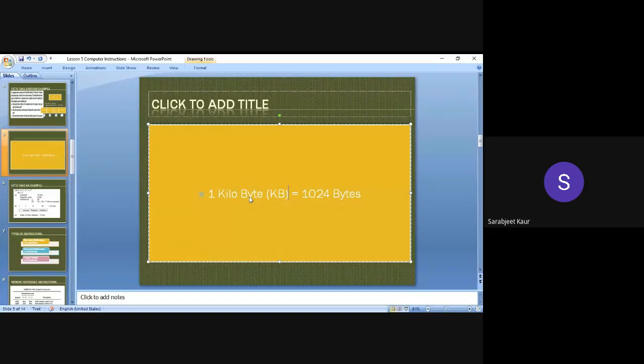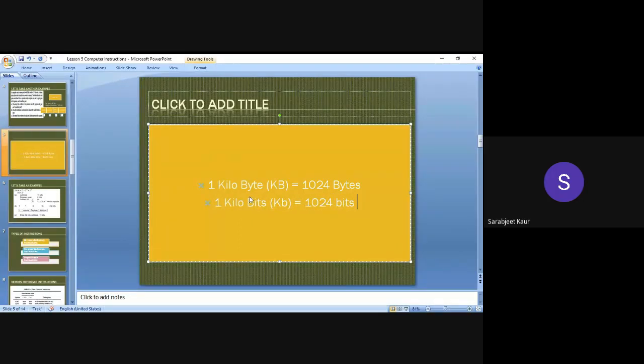Symbolically, it is displayed as capital K, capital B. It is equal to 1024 bytes. Now if I write 1 kilobit, this would be equal to 1024 bits.